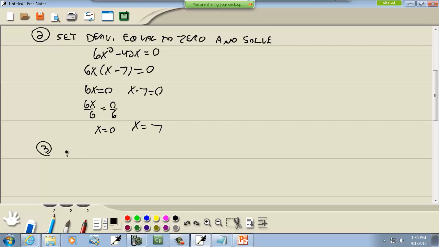Step 3. Plug in each x value into the original function to find the y values.